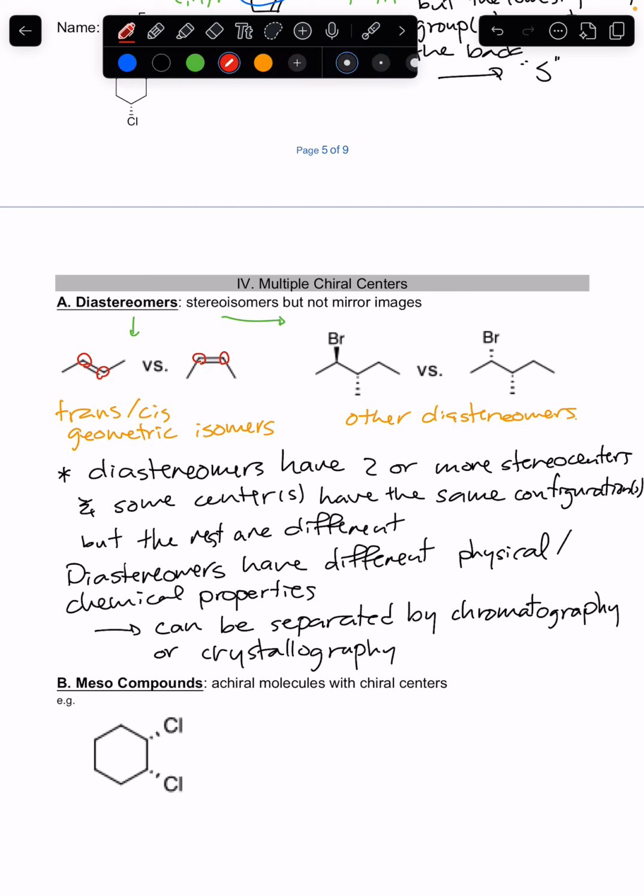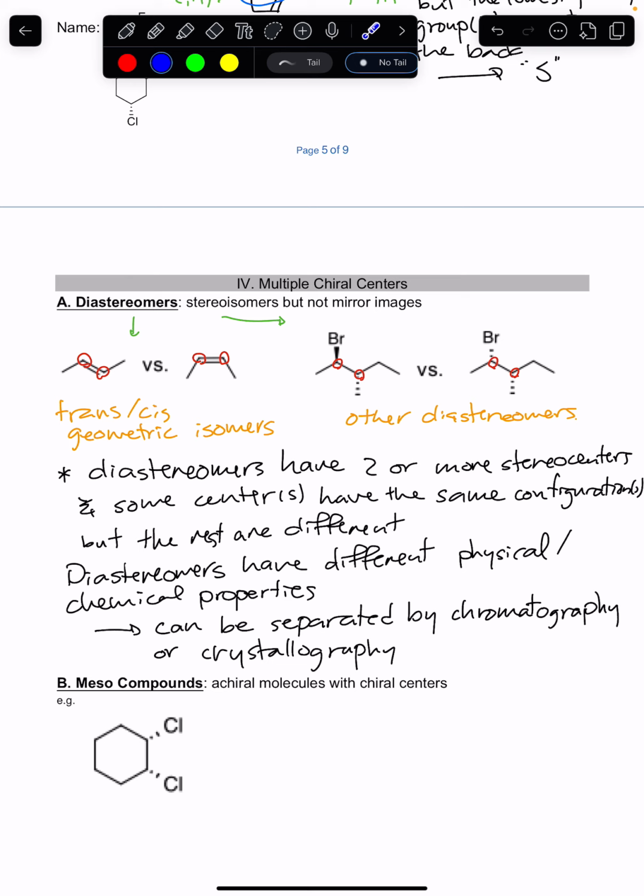What about the other pair? Here's one chiral center, here's one chiral center. Remember, chiral centers are a specific type of stereocenter. And you notice that one of the stereocenters is identical between the two molecules while the other one is different.